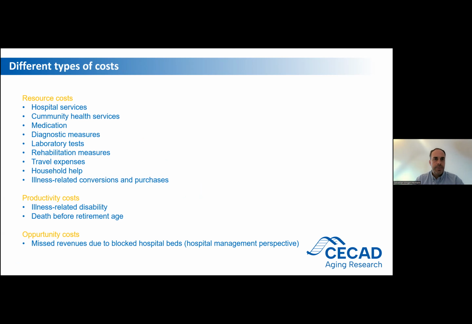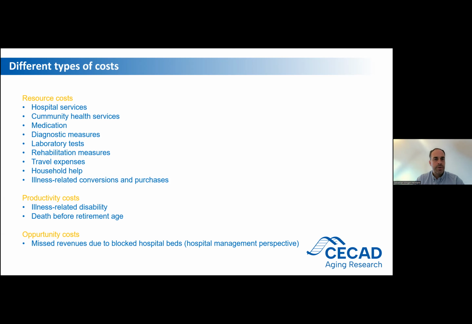Now I would like to highlight some different types of costs. When we're talking about costs, we talk about resource costs, productivity costs, and opportunity costs. Some examples for resource costs are hospital services, community health services, medication, diagnostic and laboratory tests, rehabilitation measures, also travel expenses, household help, or illness-related conversions and purchases.